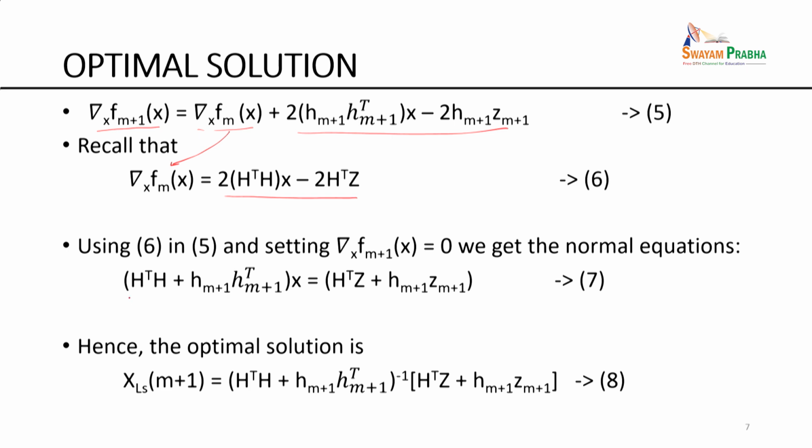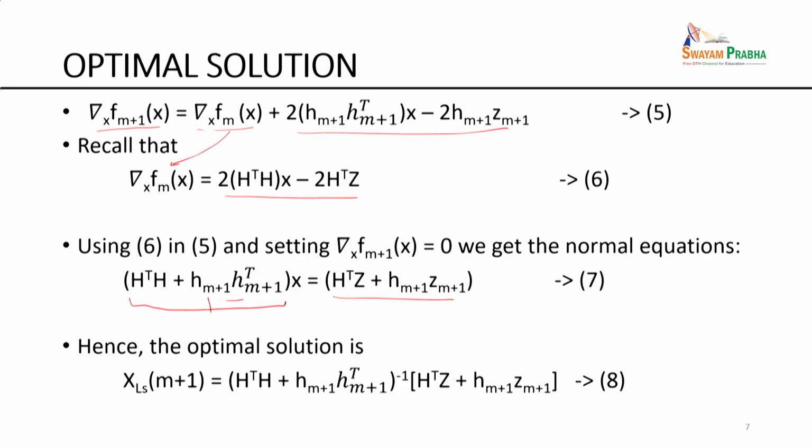What is the normal equation? H transpose H plus Hm plus 1 times Hm plus 1 transpose. Now, please remember, this is the column vector, this is the row vector. So, this is the outer product matrix, the outer product update, the right hand side is this.